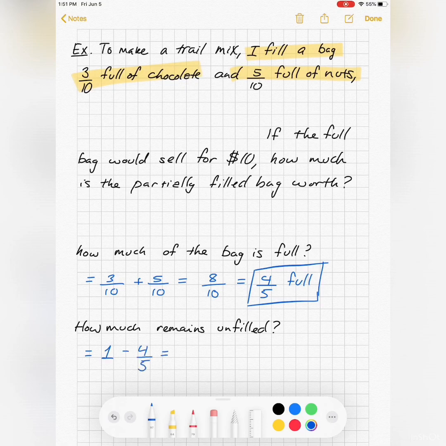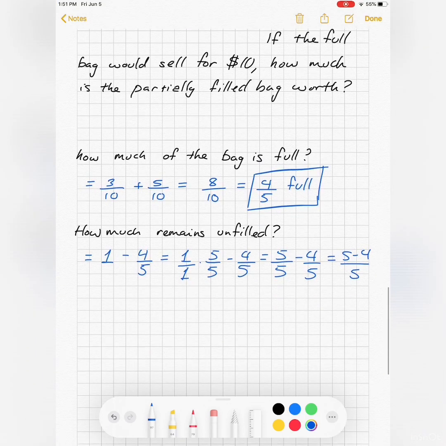I filled 4/5. So I need a common denominator. So I multiply 1 by 5/5. Okay, so how much remains unfilled? 1/5 of the bag is unfilled.